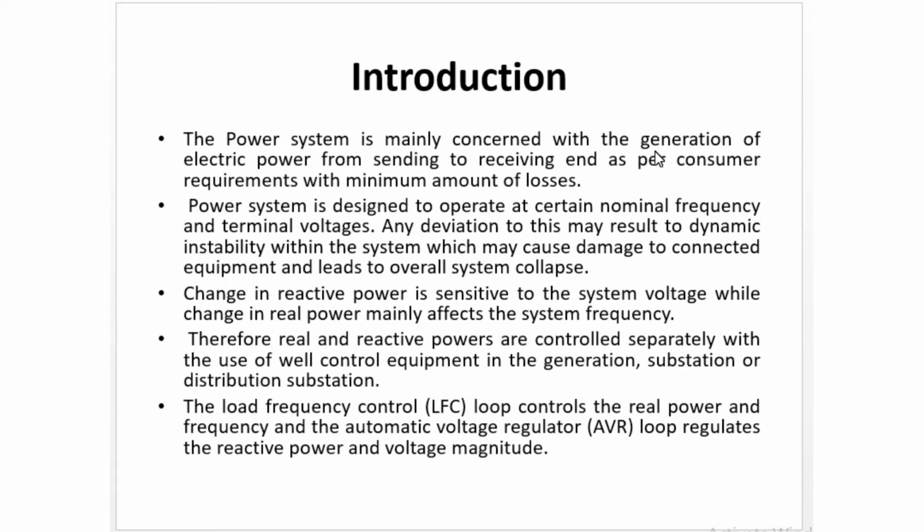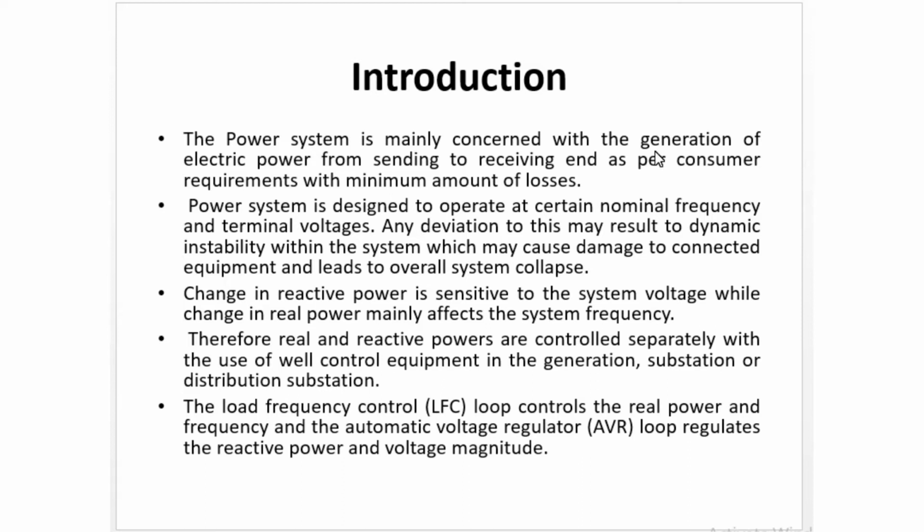So the objective of the control strategy is to generate and deliver the power in an interconnected system as economically and reliably as possible while maintaining the voltage and frequency within the permissible limits. As you know, the change in reactive power is sensitive to the system voltage, and change in real power affects the system frequency.